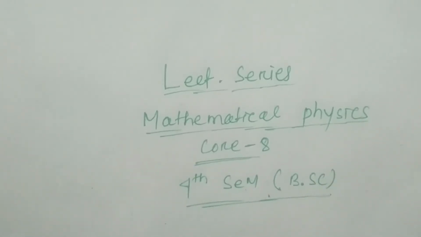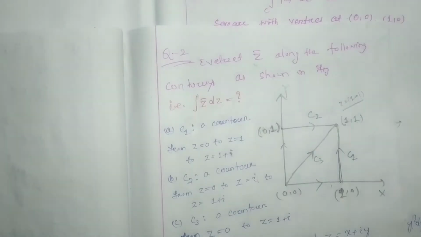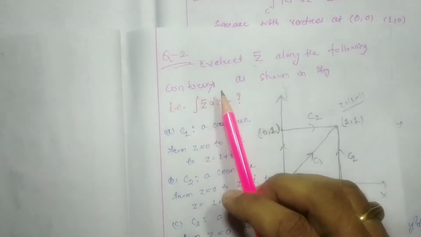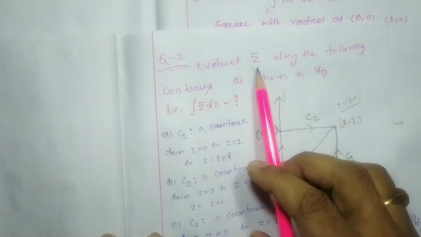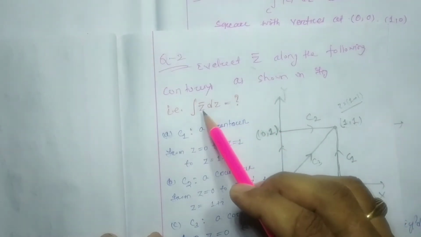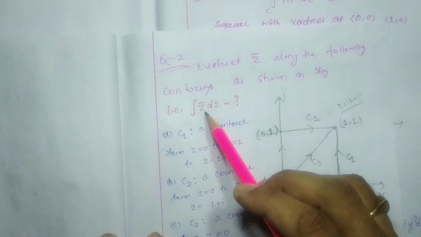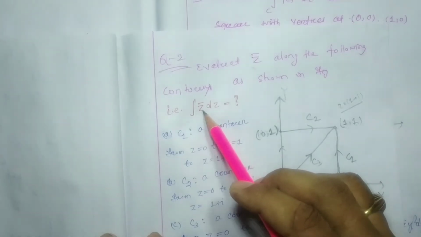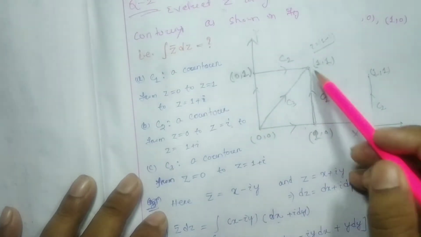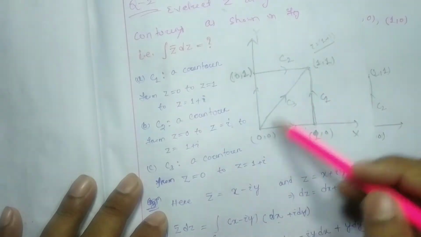In our last class we discussed this question: evaluate the integral of z bar dz, the line integral of the complex conjugate of z along the paths C1, C2 and C3, in detail.